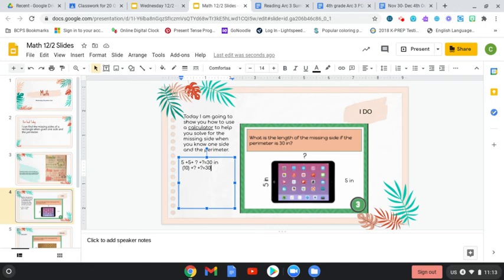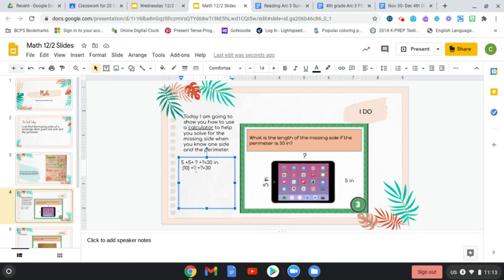But I can't just do 10 plus 20 because there's two sides. So now I'm going to break that apart. If I know that this side is 5 and this side is 5, which gives me 10, then I need to figure out how that 20 breaks apart to give me 30.